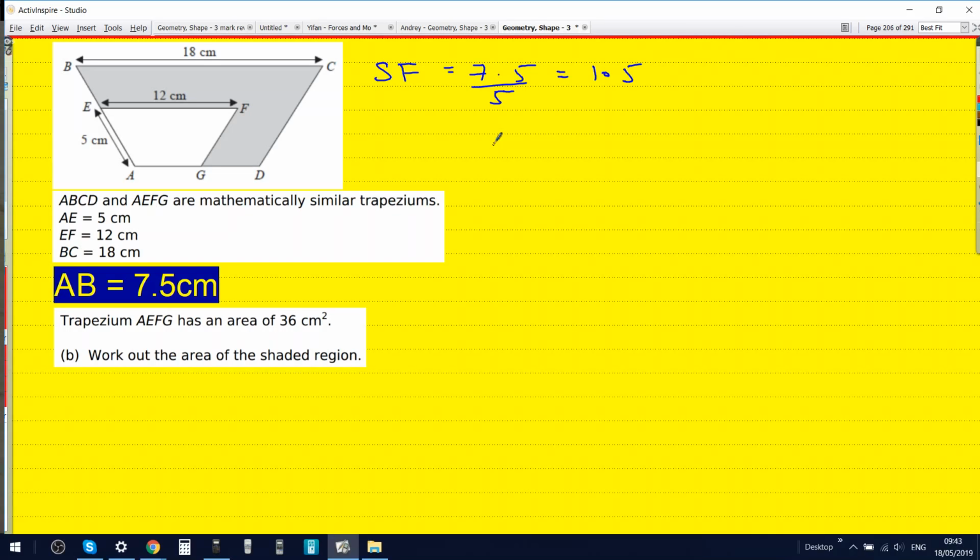Mm-hmm. So do I need to do half a plus b times height equals 36? So we can't possibly know A and B and H. And so what you would do is you would just enlarge the area to get the big area. Oh, so 1.5 times 36. So it would be that if 36 was a length, but this is an area. So area scale factor?